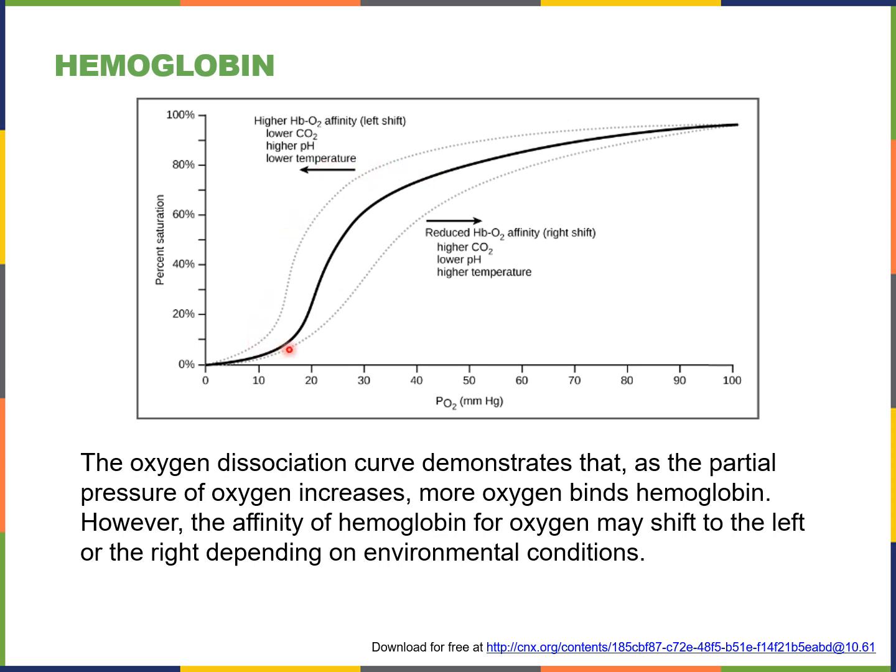So we can see here this is kind of like an S curve, and we see that it changes depending on if we have lower CO2 or higher pH, a lower temperature, it's going to shift over to the left-hand side. Or if we have a higher CO2, a lower pH, and a higher temperature, we're actually going to shift this over to the right-hand side.